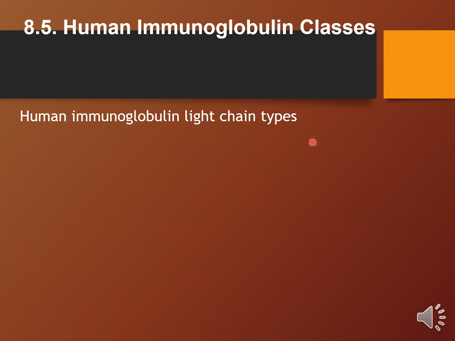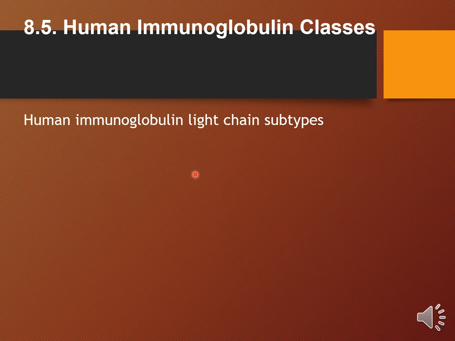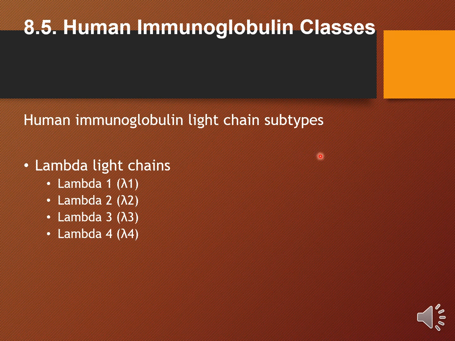The light chains can also have an effect on the subclasses of the molecule. And we have 2 different types of light chains, the kappa and the lambda chain. The human immunoglobulin light chain subtypes would have subclasses as well. So lambda 1, 2, 3, and 4.